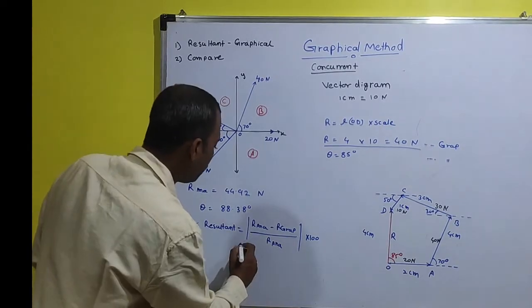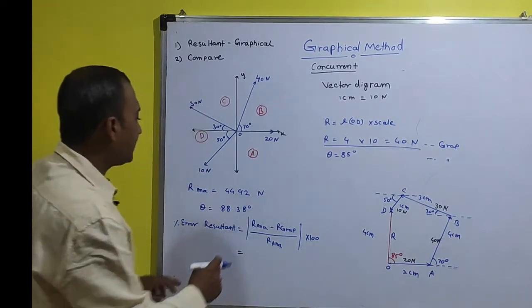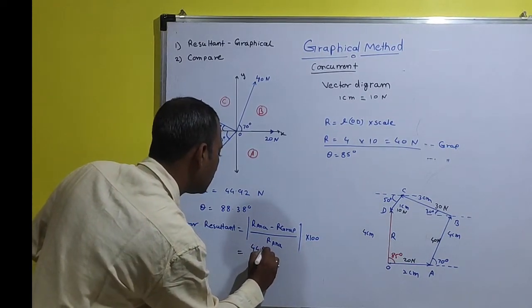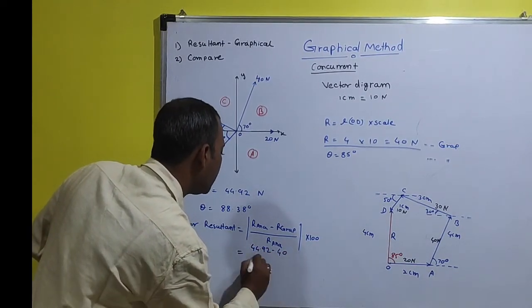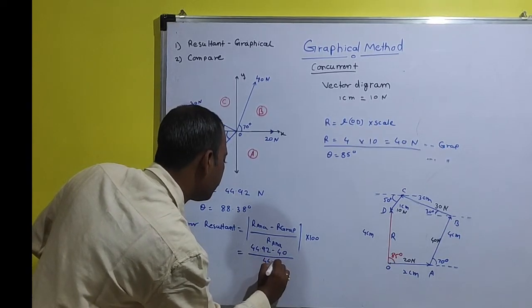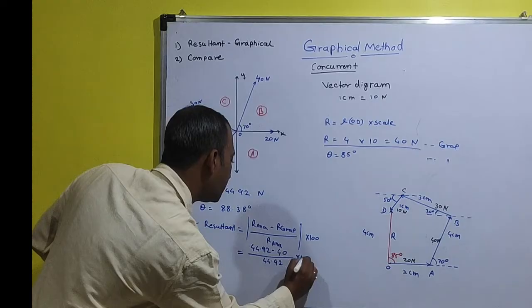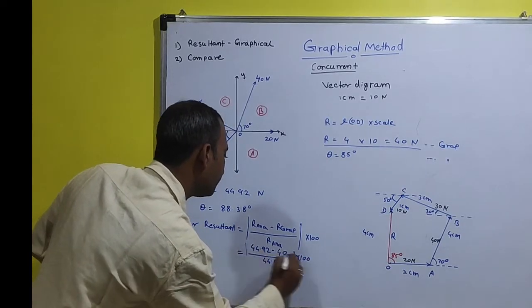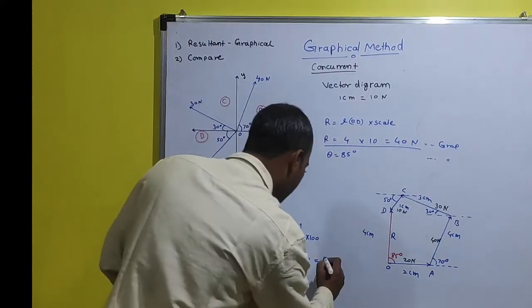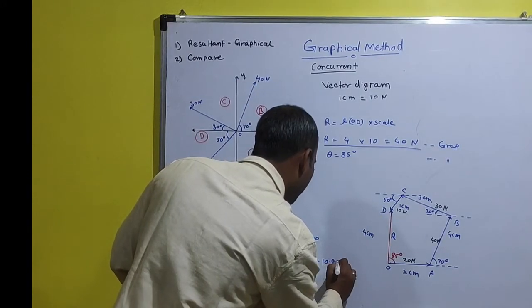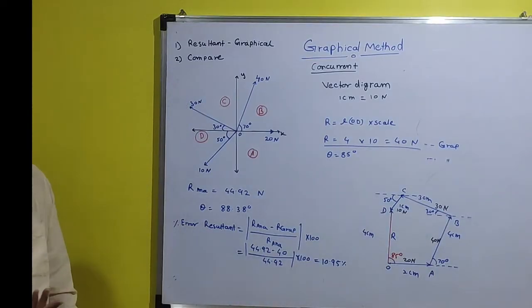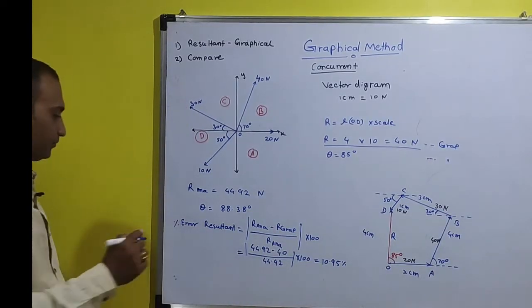So here we can put the values, that is analytical method it is 44.92 minus 40 divided by 44.92 multiplied by 100, and here the error comes out to be 10.95%.